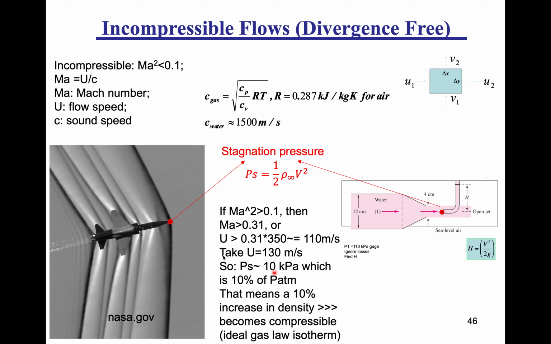An example of that is flow around supersonic jets. So here, this is a NASA photograph. You have a jet, an airplane that is flying at high speed, close to or exceeding the speed of sound. And what you'd see is a refraction type photography.